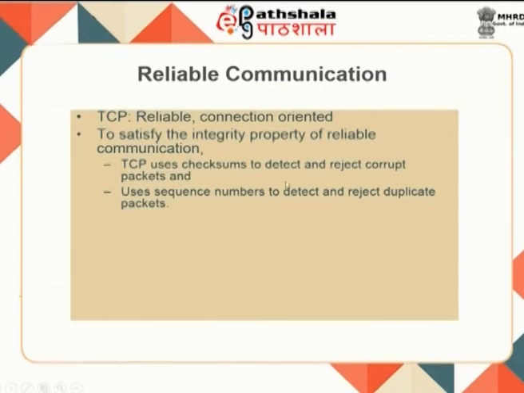It uses checksums to detect and reject corrupt packets, and it uses sequence numbers to detect and reject duplicate packets. TCP being a connection oriented protocol, it uses the mechanism of ensuring that each and every packet that has been sent by the sender has been received by the receiver and vice versa.